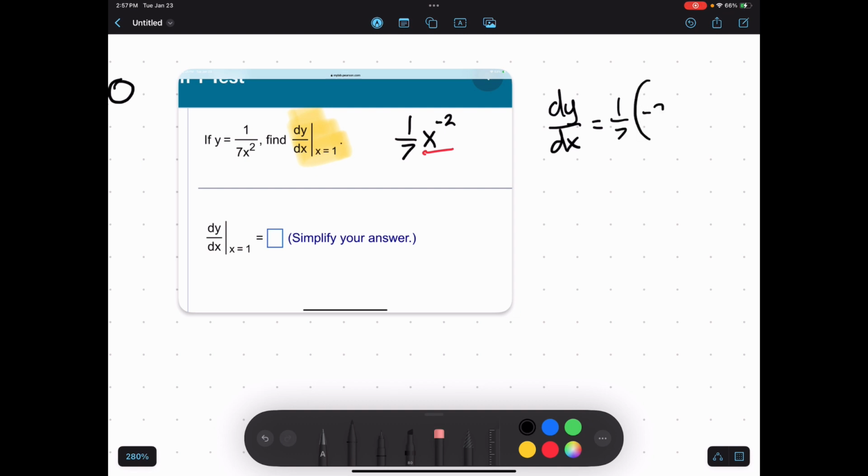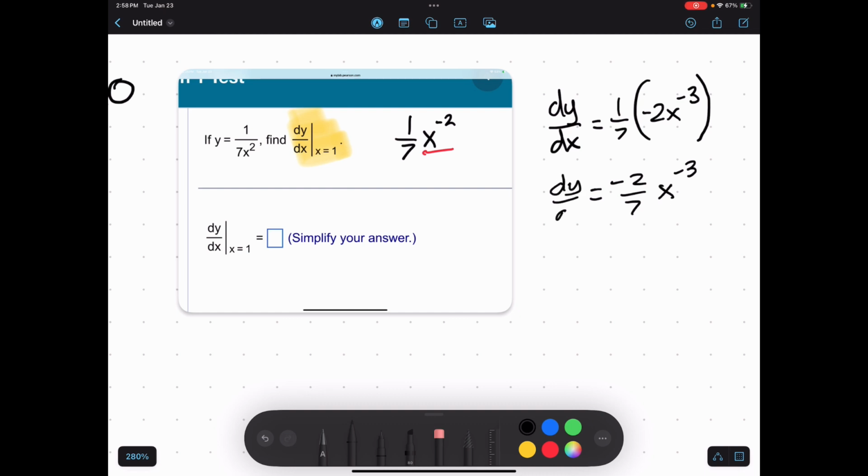I'm going to bring down the -2 and then subtract one more for the exponent. Remember, since it's negative, it becomes more negative because I'm subtracting. I can simplify this by multiplying the 1/7 and the -2, so I get -2/7 x to the -3. Okay, so there's my derivative.